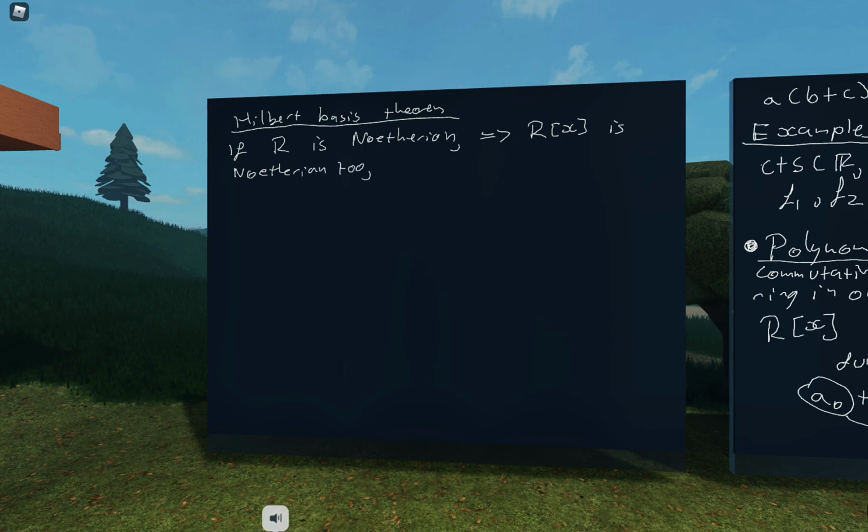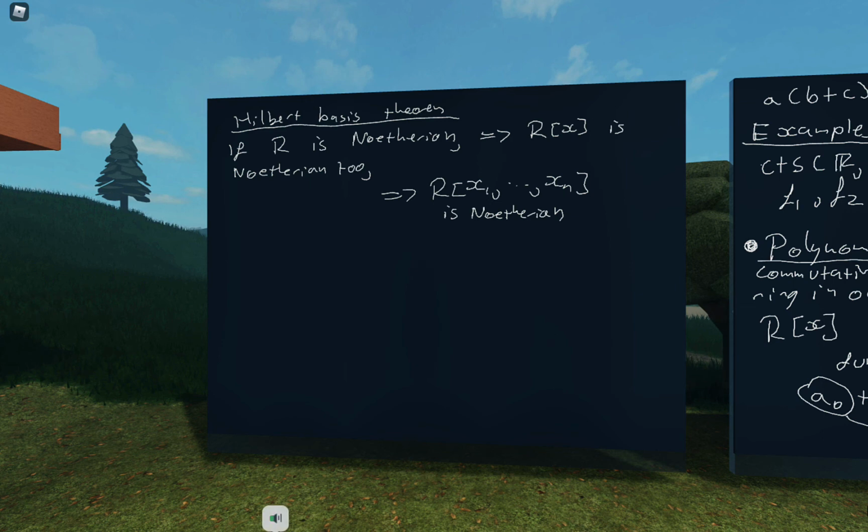And this, by a short argument, automatically implies that the polynomial ring in any finite number of variables is Noetherian as well. I'm not going to prove this theorem. The proof's not too difficult though, so if anyone's interested, I'd recommend checking Wikipedia. There are a couple of proofs, and they're not too difficult to follow.